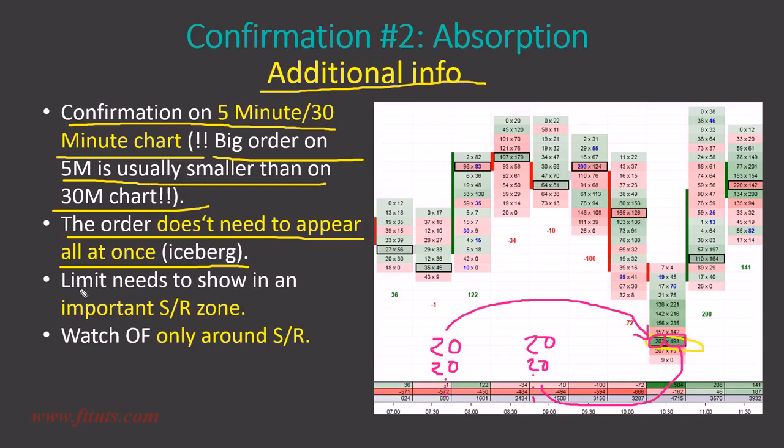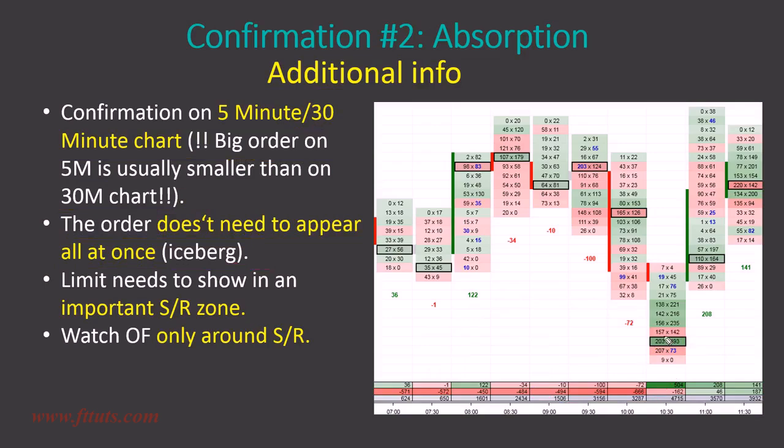Alright, so this is the iceberg order. Big trading institutions like to trade like this, so their volumes don't appear all at once, and with this they want to mask their intentions and what they are doing right now. But in the order flow we can track them pretty easily, so in the end we will see that there is a huge number and that the market is most likely to turn.